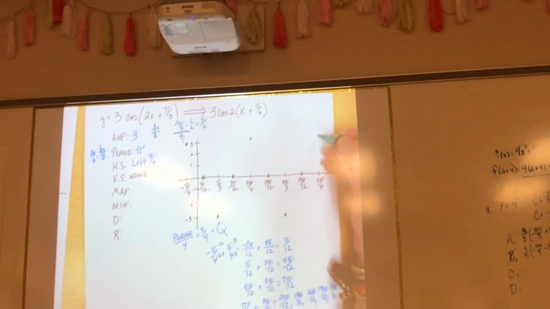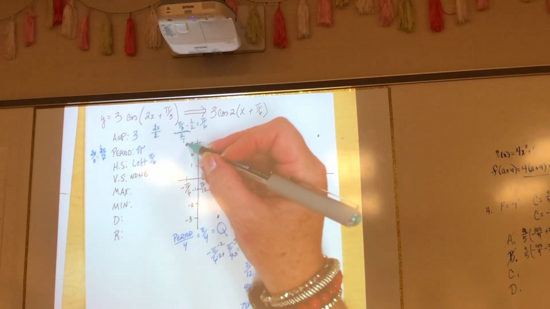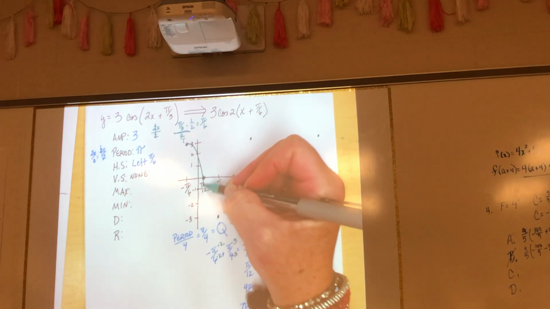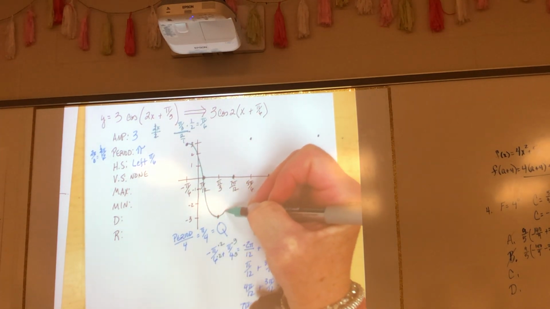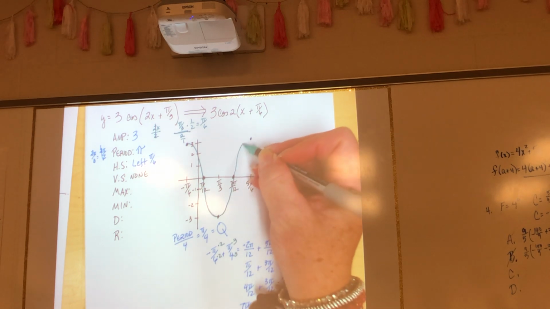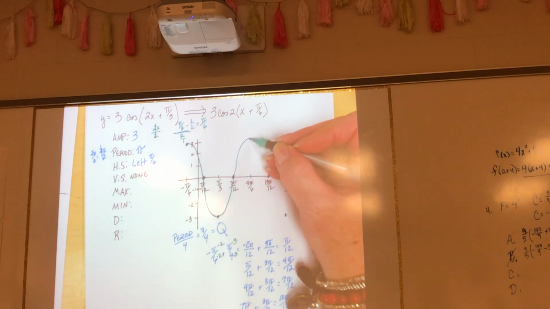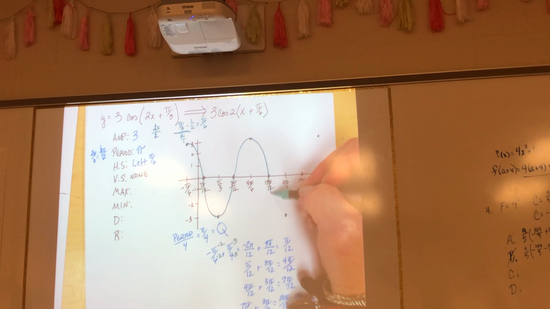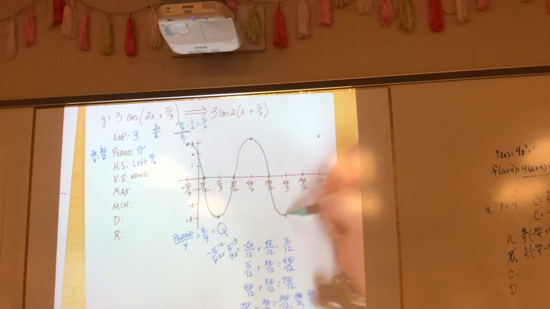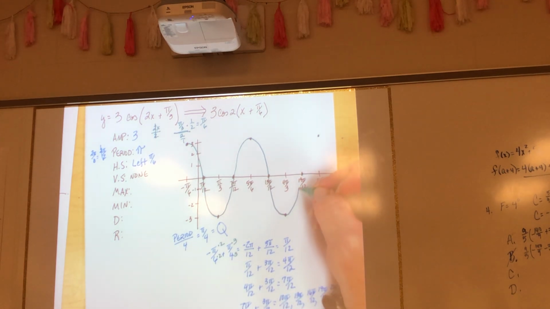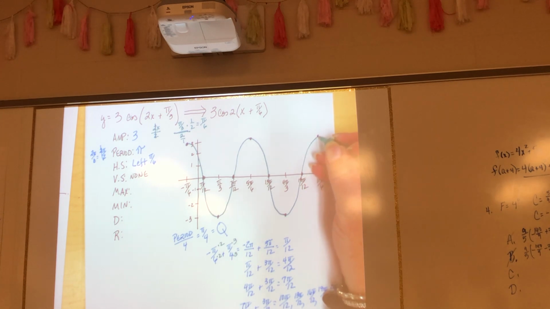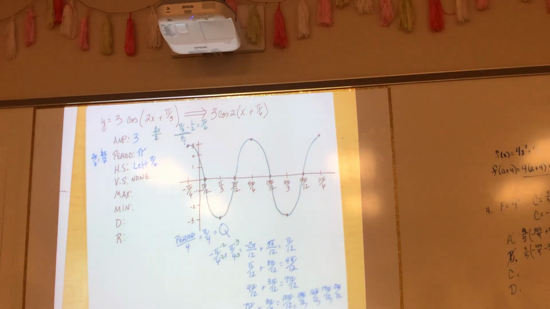And up to the top. And here is my cosine curve.